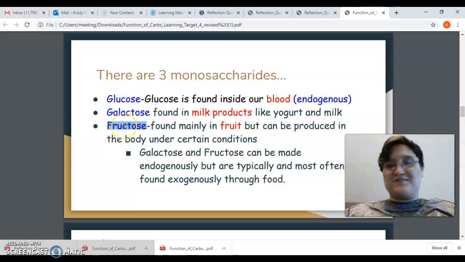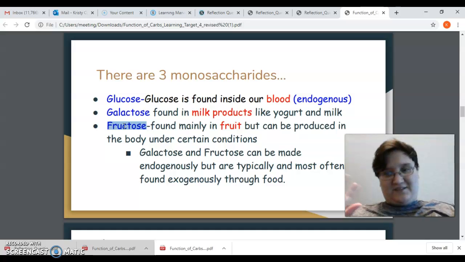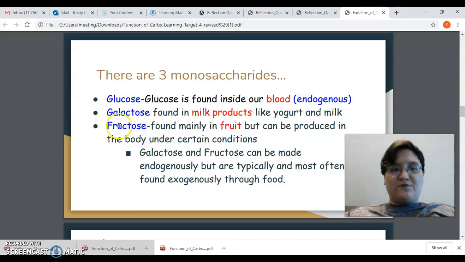Fructose can only be created in our body in very, very extreme circumstances, right? So when most people talk about fructose, we're talking about exogenous fructose. Fructose that's in fruit, the stuff that makes apples sweet, or the stuff that makes honey sweet. Typically when we're referring to it, we're talking about outside the body. Same thing with galactose.